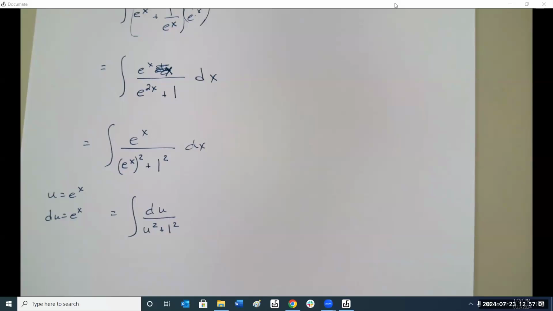Why is u not 1, since we're using the 1? U can never be 1. Because what's the derivative of u? What's du going to be? 0. If it's 0, the whole thing's 0. So that's why it'll never be a constant. It's always a function of x.